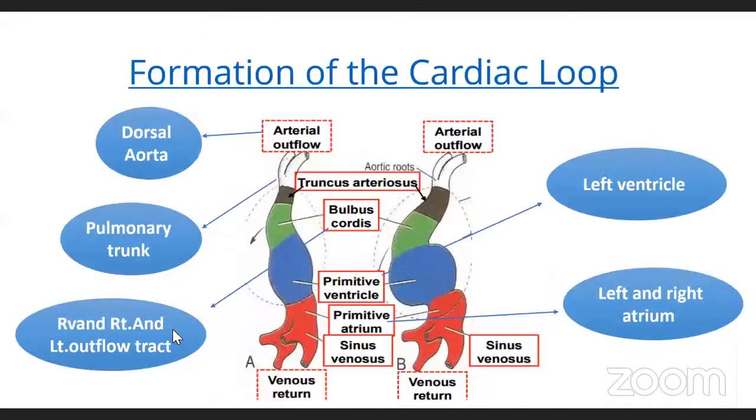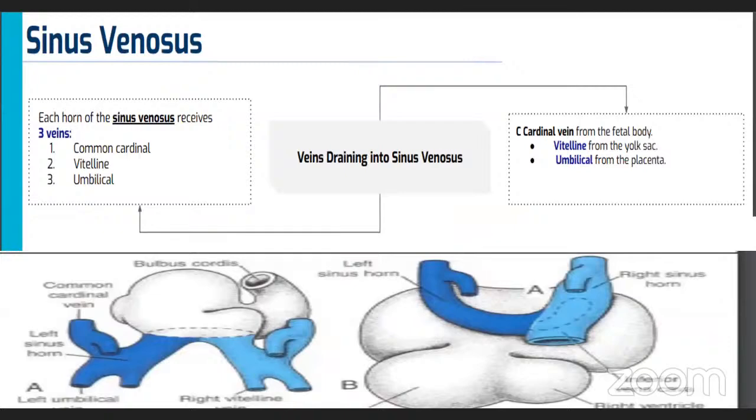So, as we said, there are 3 inflow tracts entering into the right sinus horn and left sinus horn. These are the common cardinal vein, umbilical vein, and the innermost is the vitelline vein. As you can see, this is the vitelline vein.